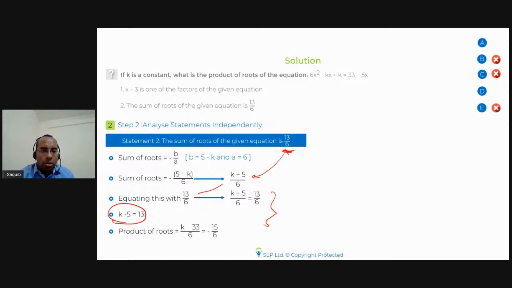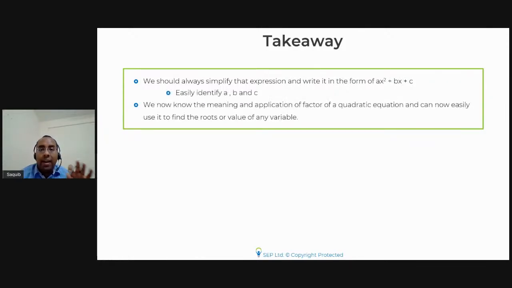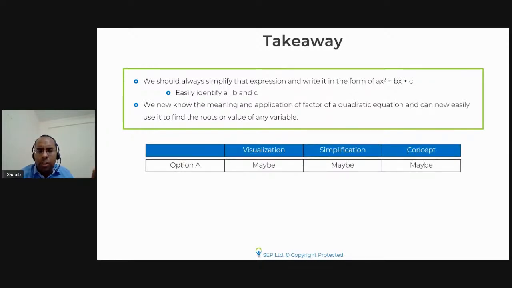Okay. So guys, in this question, once again, those of you who marked the answer as A, those of you who marked the answer as B, you missed out on this part, how to simplify and use the factors information. Maybe you might have even simplified it, but you still do not know how to use the factor information. I hope this was useful. Those of you who marked A, some part of it is clear.